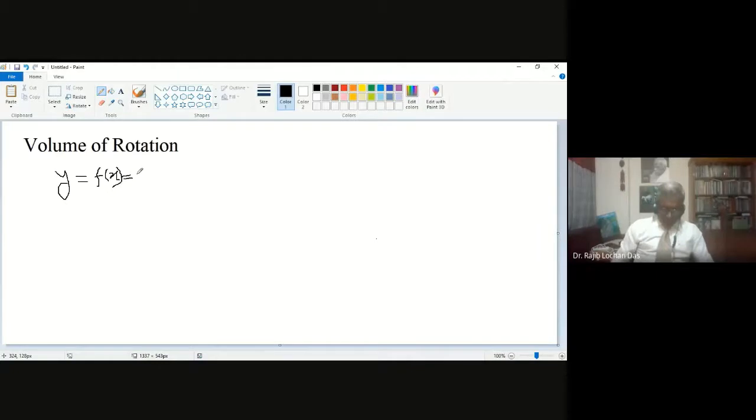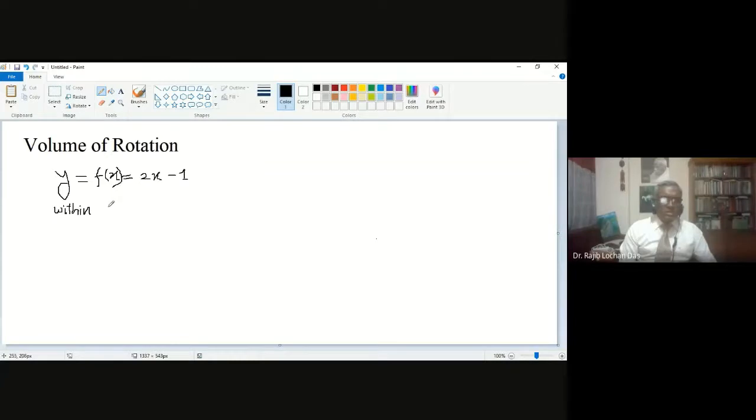Let me write it down like y = 2x - 1. So this is a simple straight line, and the range of x values is given.